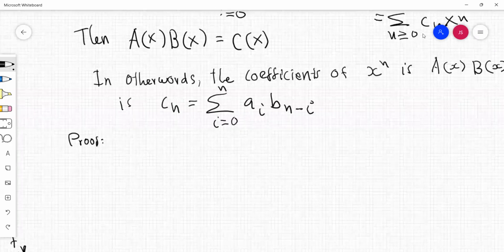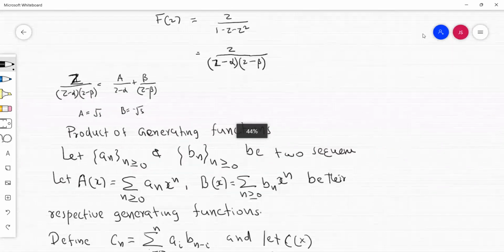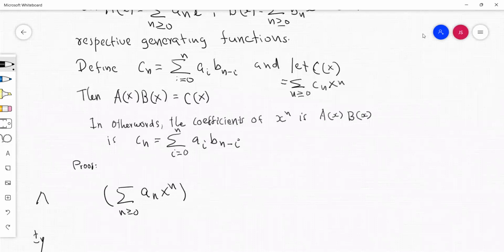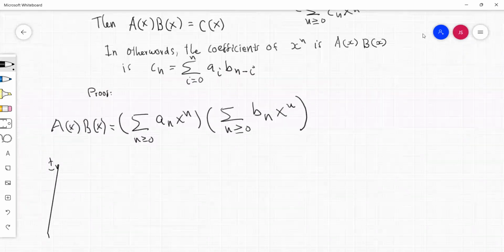So A(x) is equal to the sum of a_n x^n, and B(x) equals the sum of b_n x^n. This is A(x) B(x), right? Now, what does that mean?